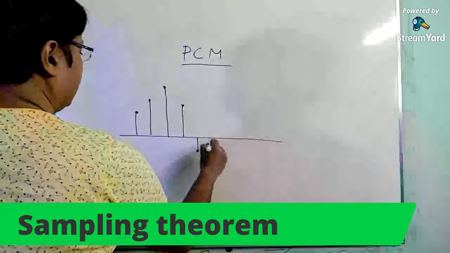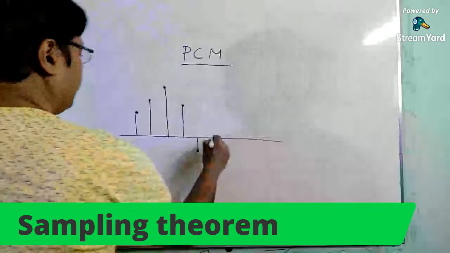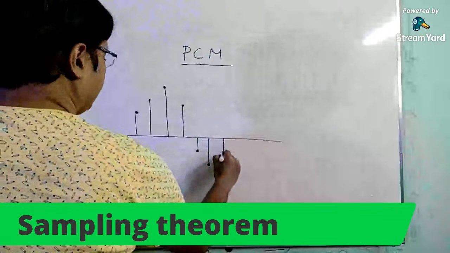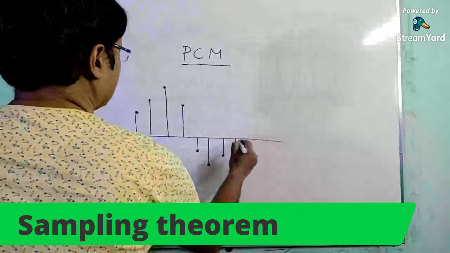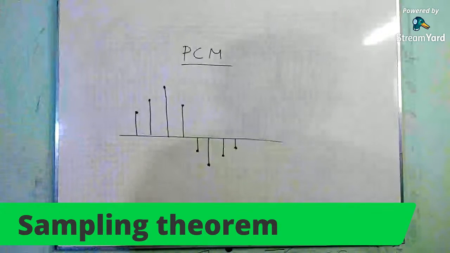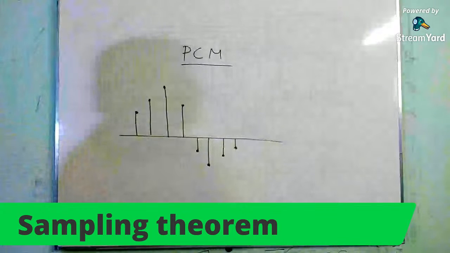So this is a dual polarity PAM, what I have discussed just now. So this is the information which I have gathered after applying the sampling frequency.